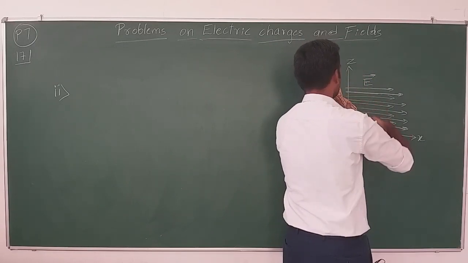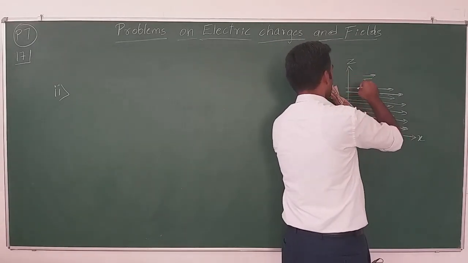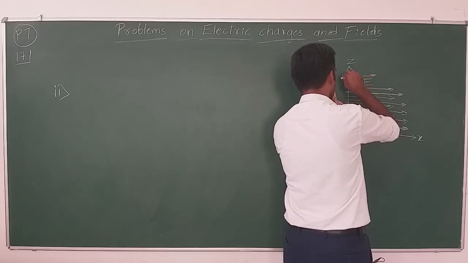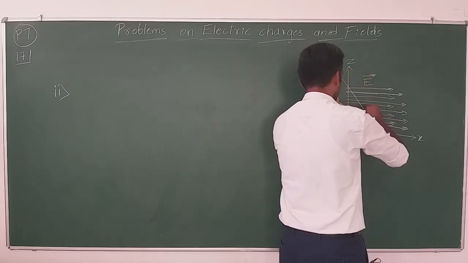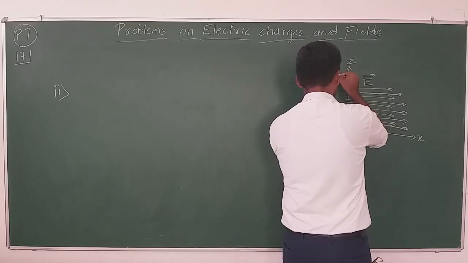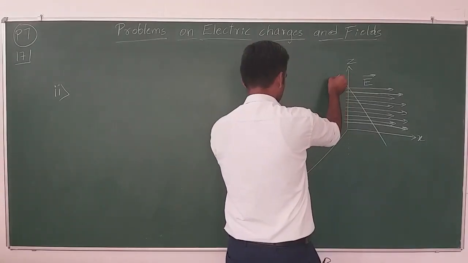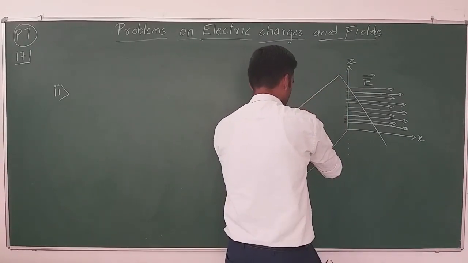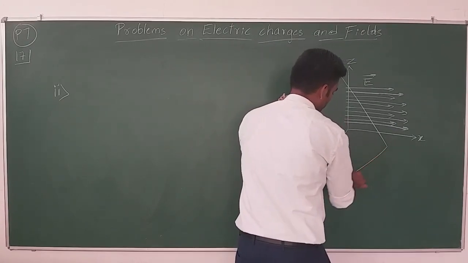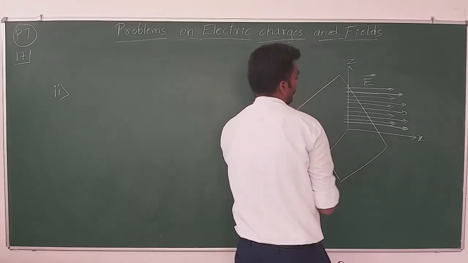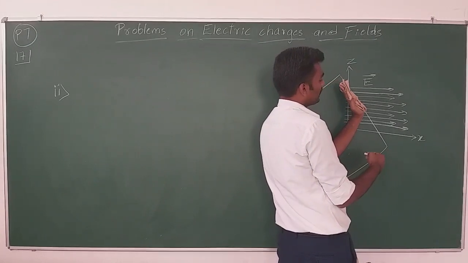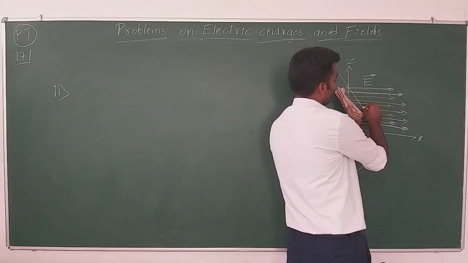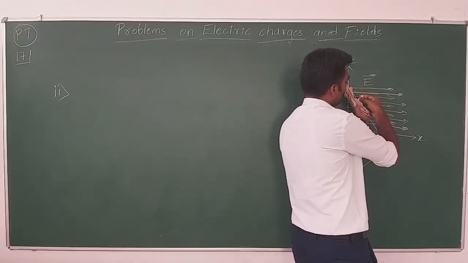So how can you expect the plane to be? So the plane will be somewhat like this. Yeah. So this is how the plane is now, because we need its normal.